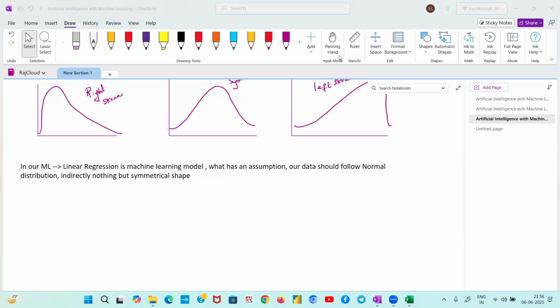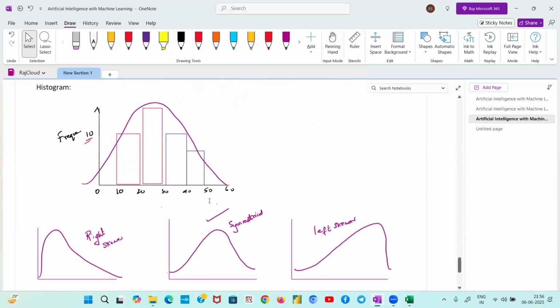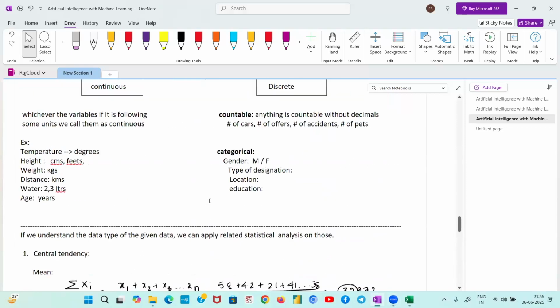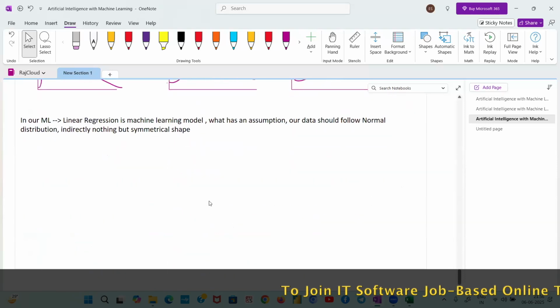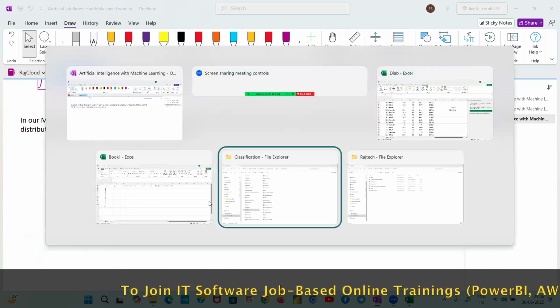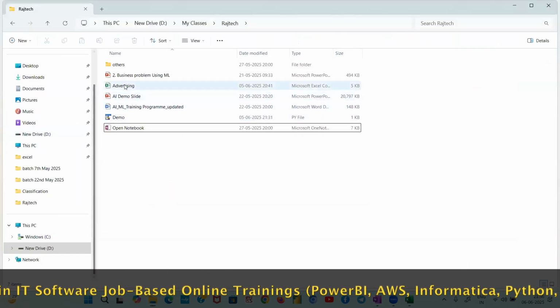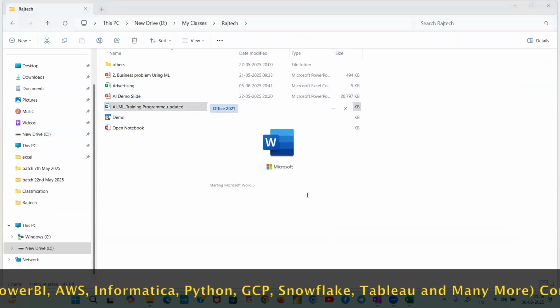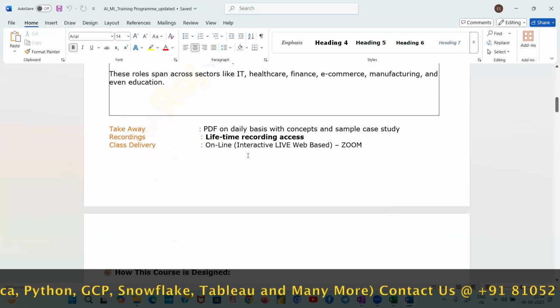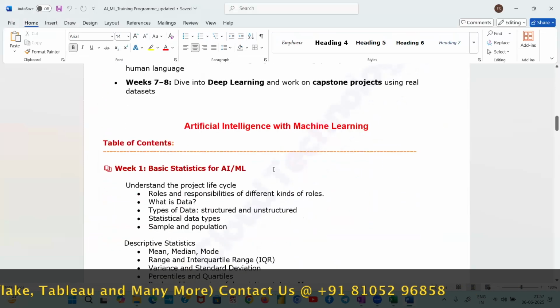Okay, let's connect a little bit more. So coming back to the point, give me a minute. Let me verify where we are. Going back to our training program notes, I think this is what you already received.